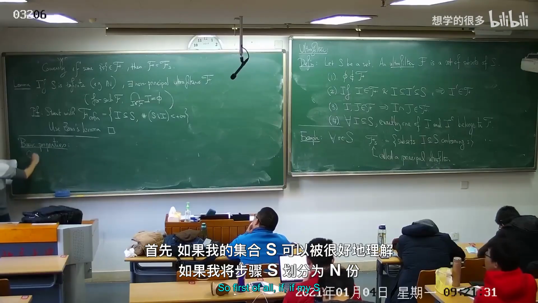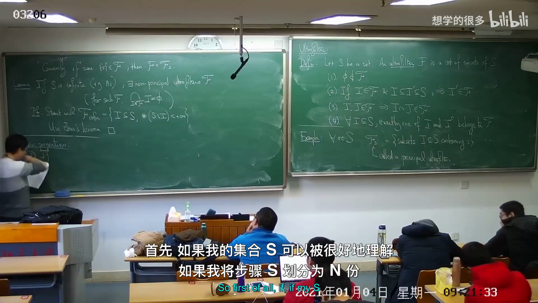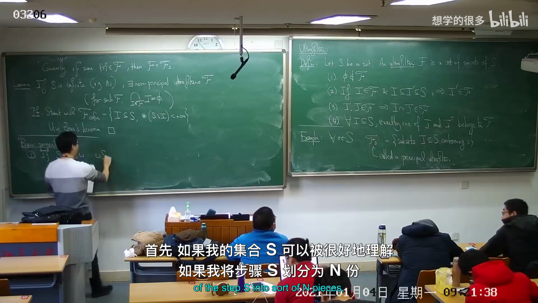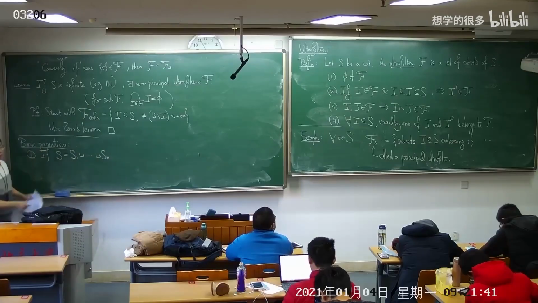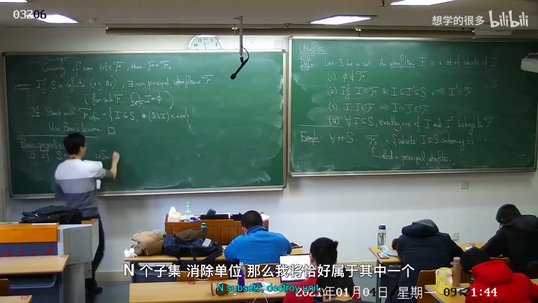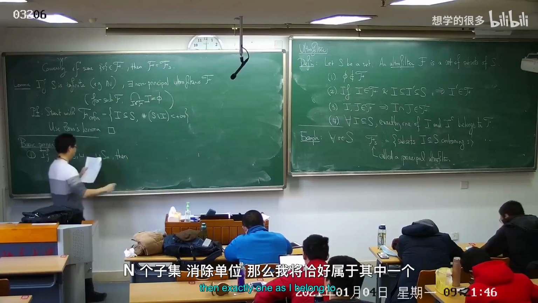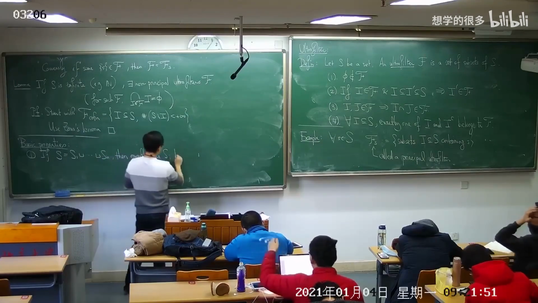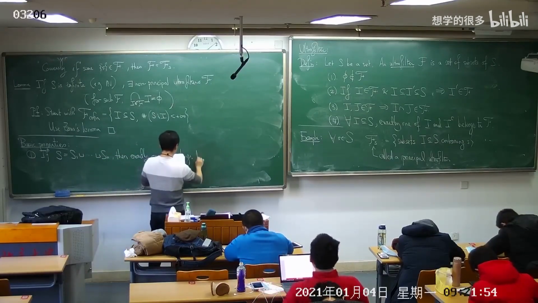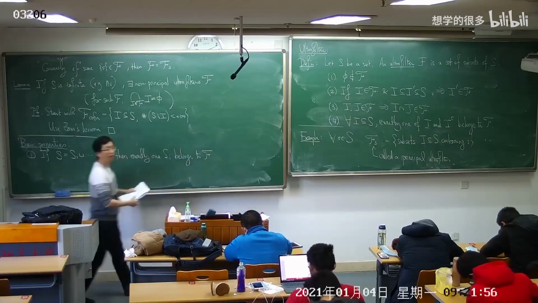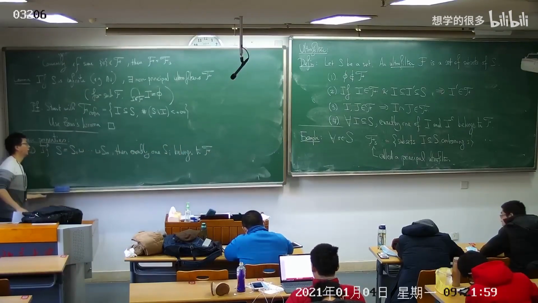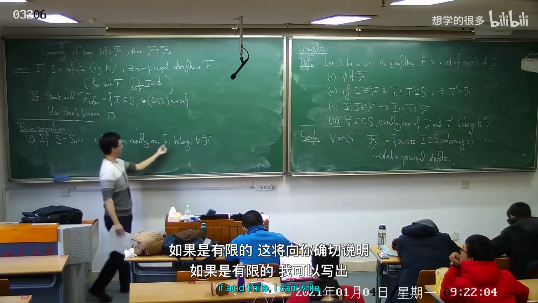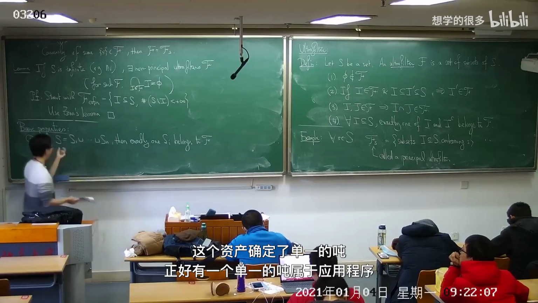First of all, if I have a partition of the set S into n disjoint subsets, then exactly one S_i belongs to F. In particular, if S is finite, I can write it as a disjoint union of singletons.